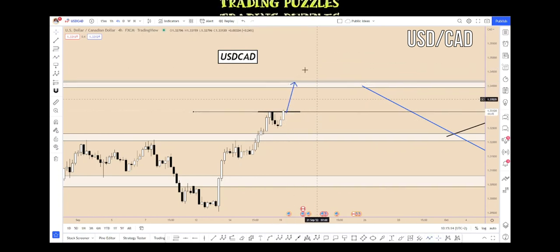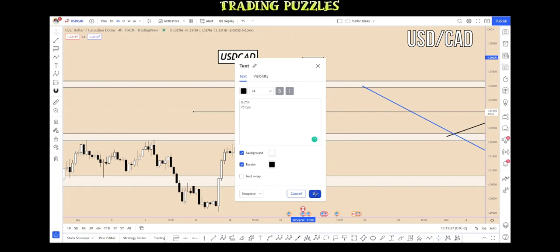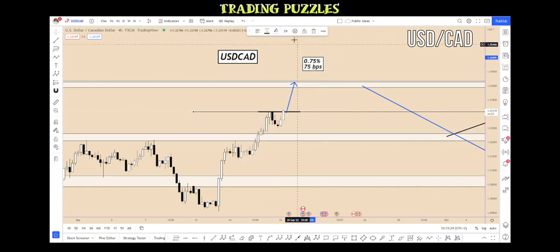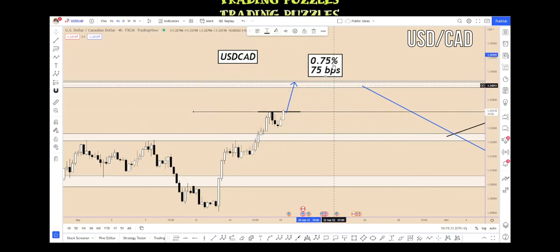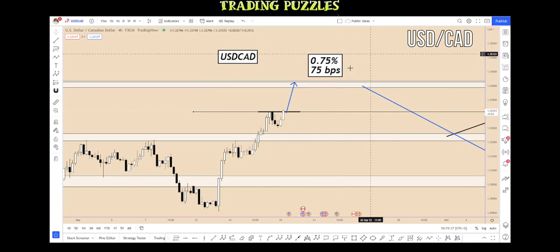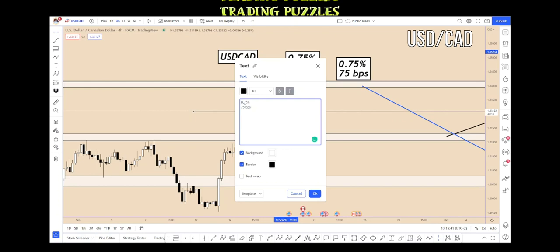However, the price is speculating that the FOMC is going to increase the interest rate by 0.75, or 75 basis points, and that is why the price keeps moving higher on the US dollar, because the market is speculating an increase by 0.75%.